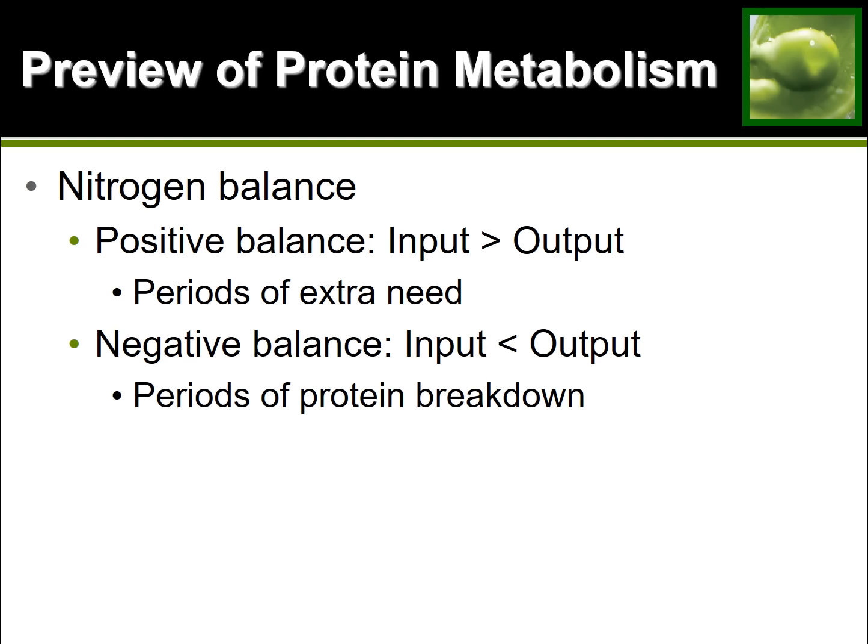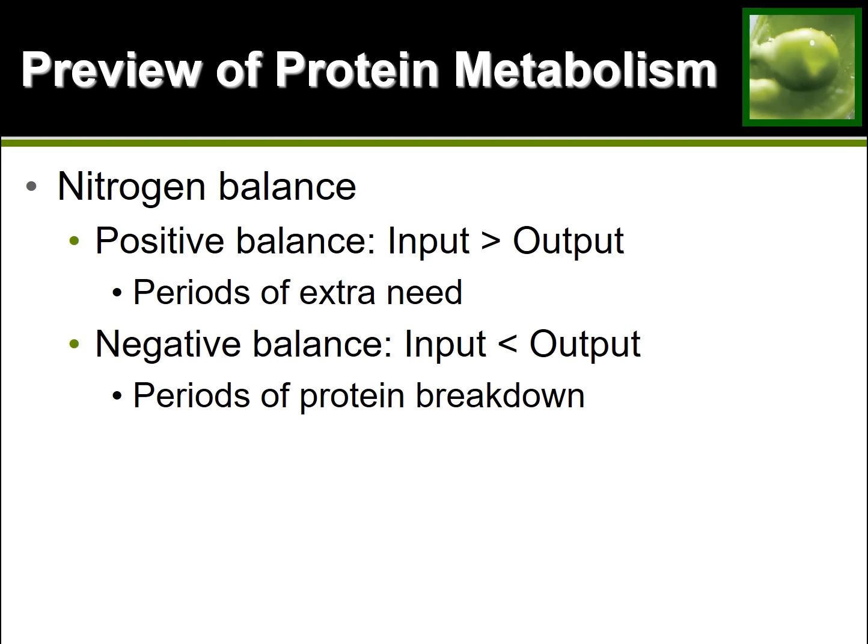And so what we have left over, or what is released from the body, if any, is going to be very minimal. So think about it as positive balance anytime your body has an extra need for protein, anytime you put protein into your body and your body is going to use it all up instead of releasing it. So positive balance, more intake than output.